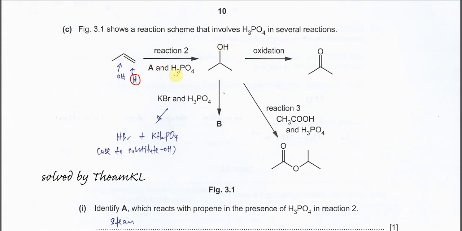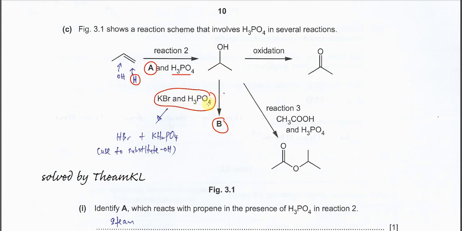And we know that H3PO4 here is actually a catalyst, and it must involve the actual reactant. So this A must be steam. So steam together with this H3PO4, and therefore it will undergo hydration to form this alcohol. After that, this alcohol will form B, and this alcohol reacts with this mixture.